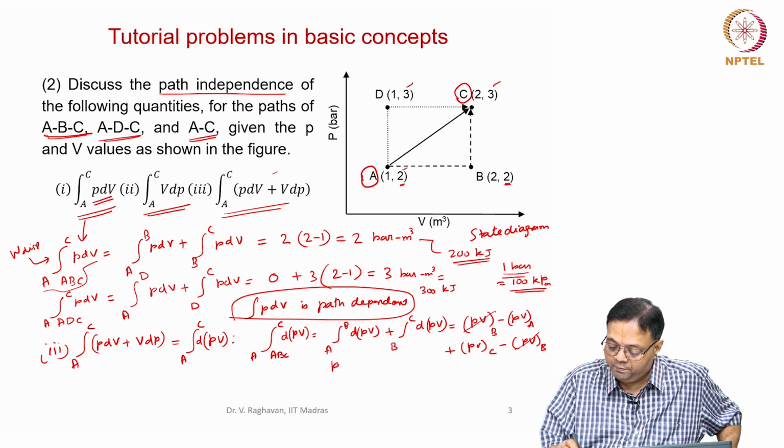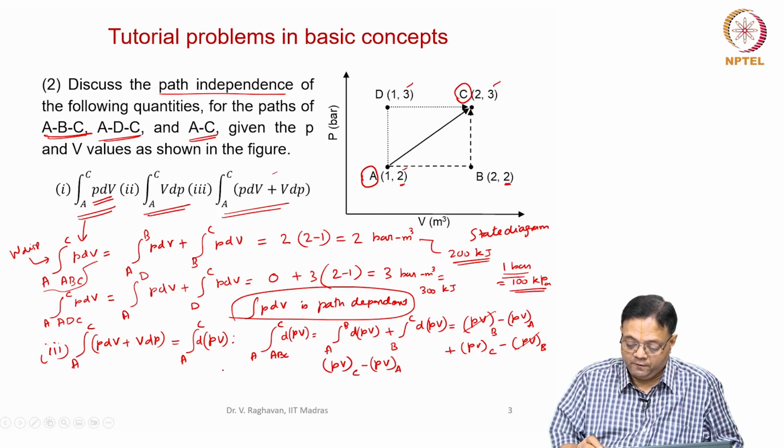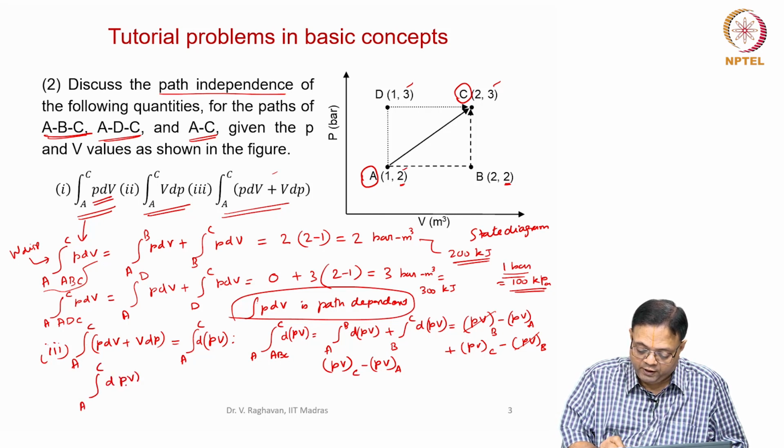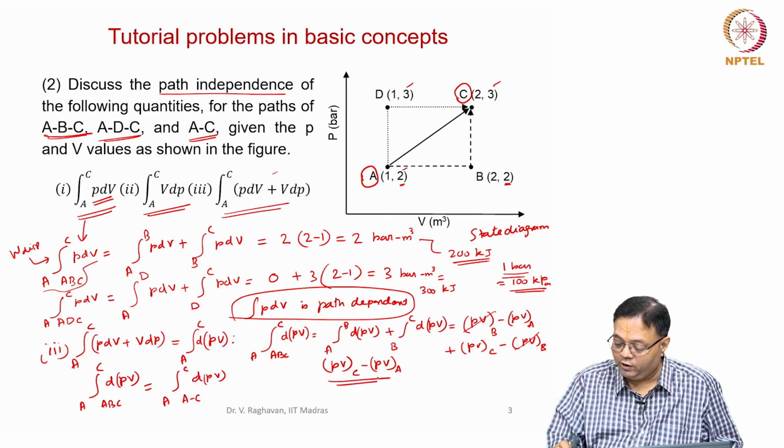So, it will be PV of C minus PV of A, which clearly says that integral A to C d PV through ABC is equal to integral A to C through AC directly d PV. These are equal because I am only getting this.